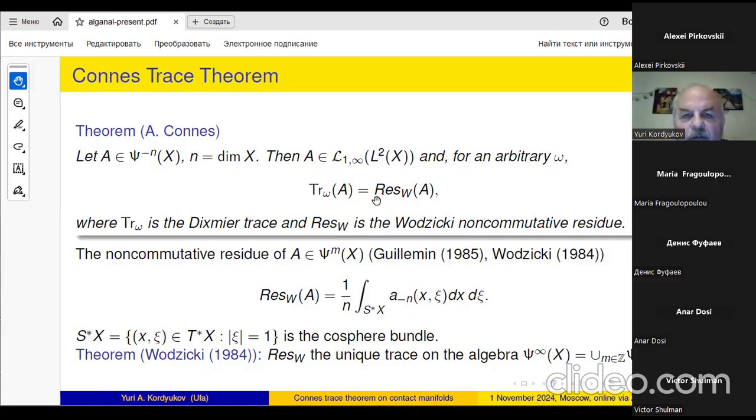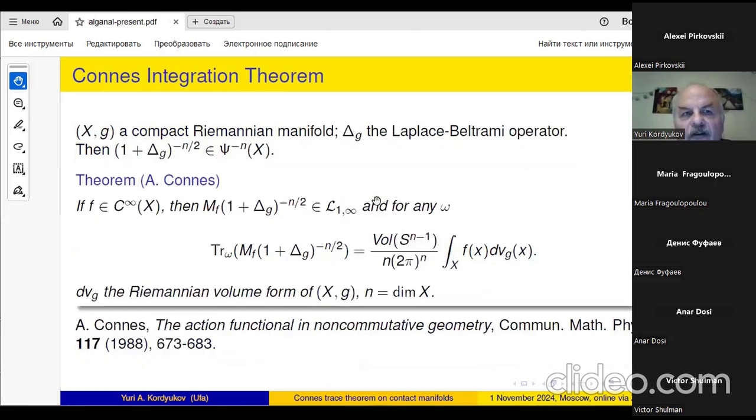And actually, this formula enables us to answer the question which I posed in the beginning: how can we recover the integral from the Laplace-Beltrami operator? This is Connes' integration theorem. Okay, so let's again consider a compact Riemannian manifold, and the Laplace-Beltrami operator as before.